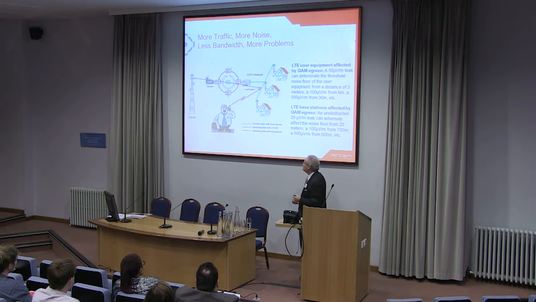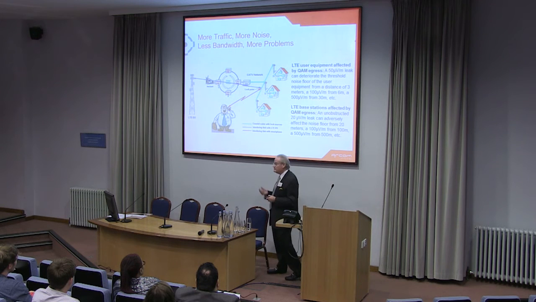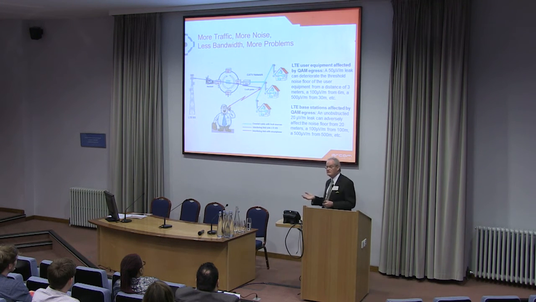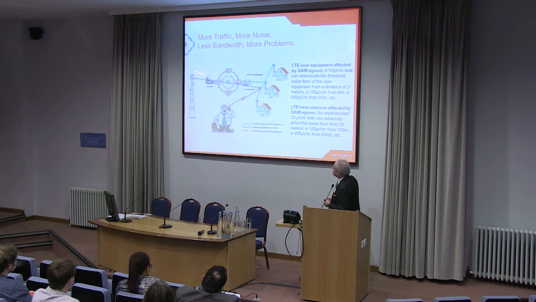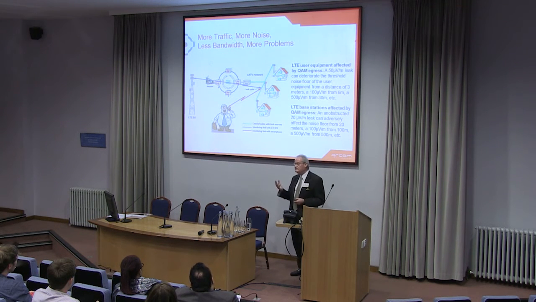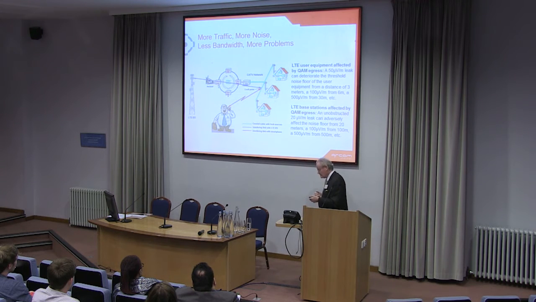The second type is egressing from the cable plant, egressing to the handset, the hand phone. In this case, 50 microvolts at 3 meters, which is reasonable, is enough to affect the noise floor of the smartphone. The third one is more prevalent, which is the ingress from the tower to the cable plant, where, again, we're going to show some charts on this. Just 1 microvolt is enough to cause a very severe problem.